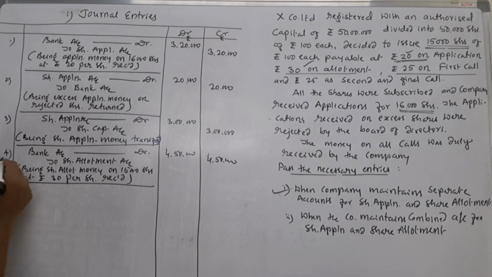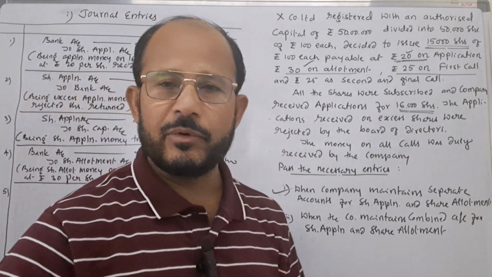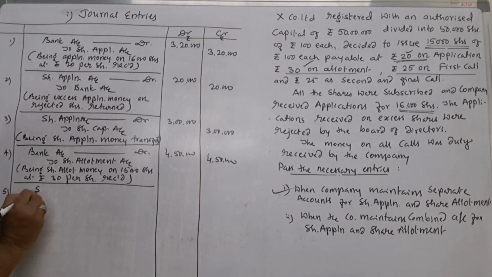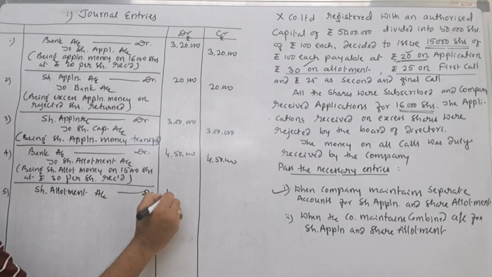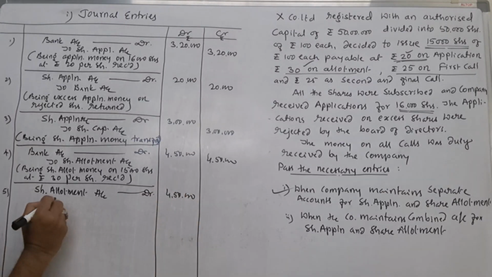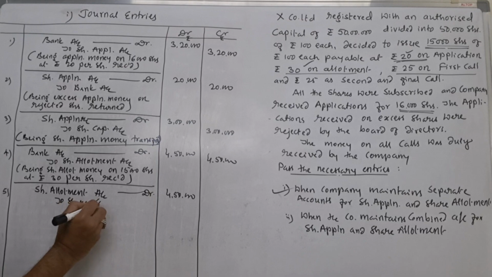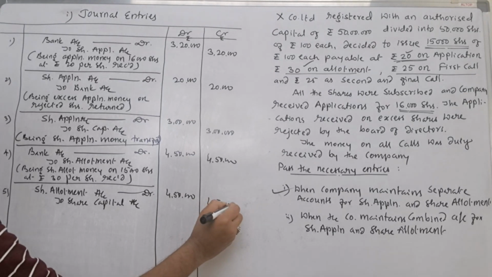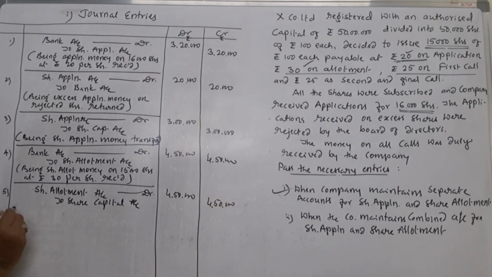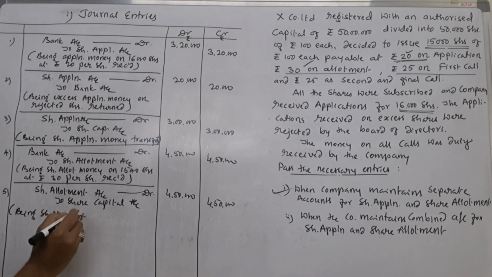Next, the fifth one is that whatever actual allotment money is there, we transfer to share capital account. That entry you write: share allotment account is debited with the amount of rupees 4,50,000 to share capital account, rupees 4,50,000. Next, write the narration, being share allotment money.